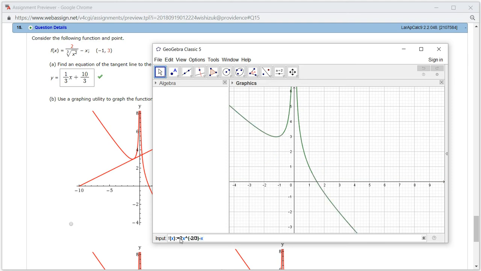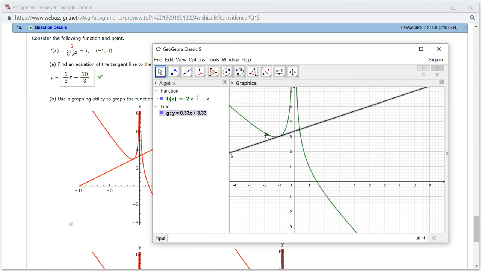So we have that, and then hit enter. Then the tangent line is y equals 1/3 x plus 10/3, so hit enter.